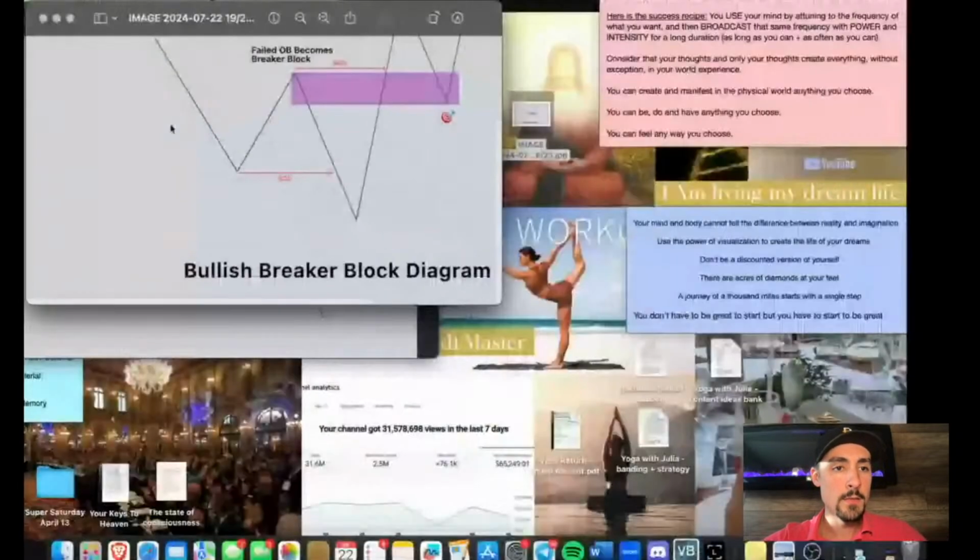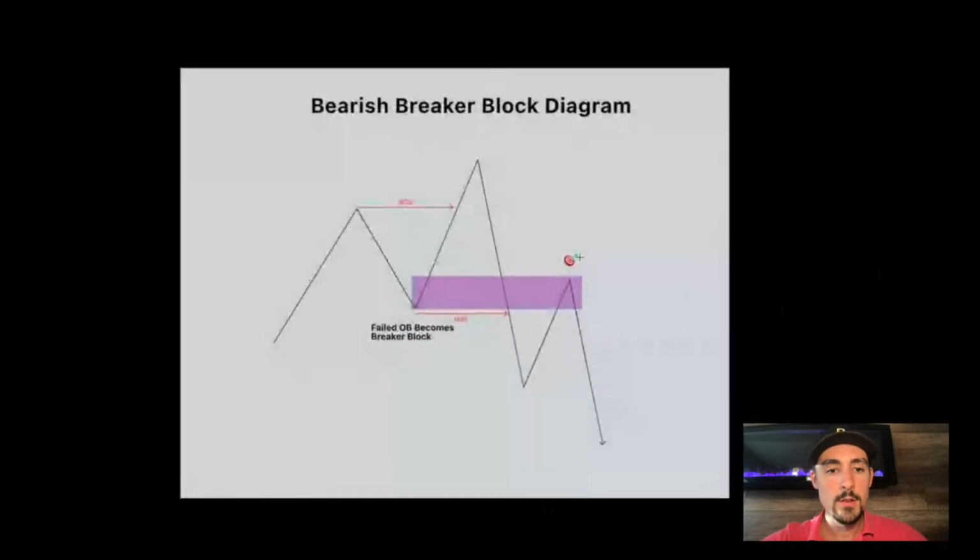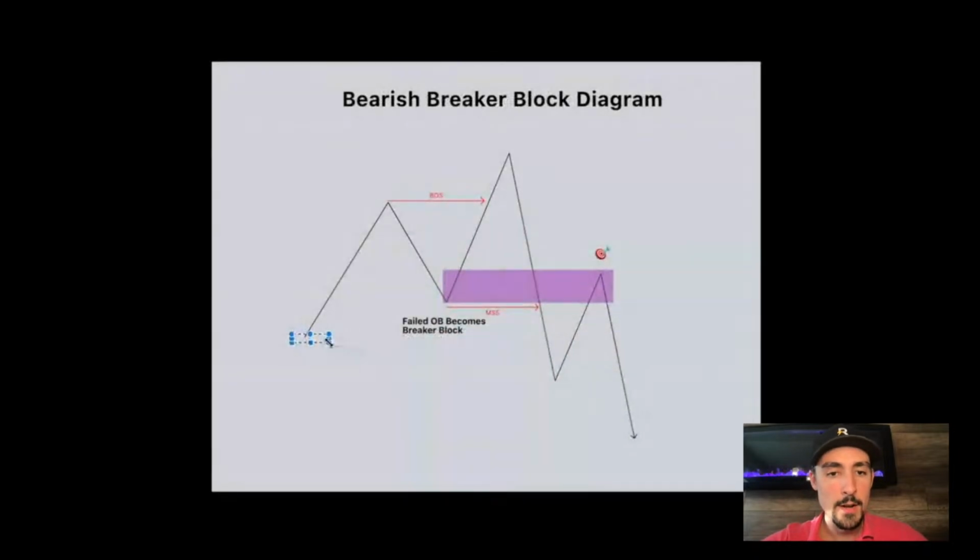If we look at the inverse, this would be a bearish example. All right, so we're in a bullish trending market. We got a higher low, higher high, higher low, right? We break structure, creating an expansion, continuation of the trend to the upside, higher high. Here's your order block, right? Last down close candle prior to that up move. But when price trades into it, we trade right through it.